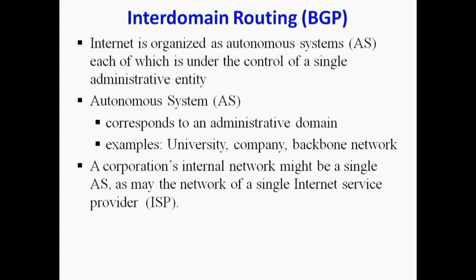Initially, a notion was introduced, that is, the Internet is organized as autonomous systems, each of which is under the control of a single administrative entity. A corporation's complex internal network might be a single autonomous system. An AS can also be the network of a single Internet Service Provider, ISP.